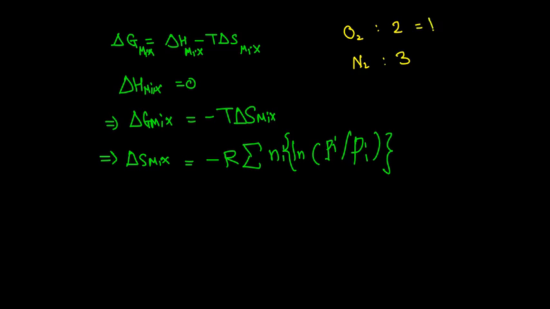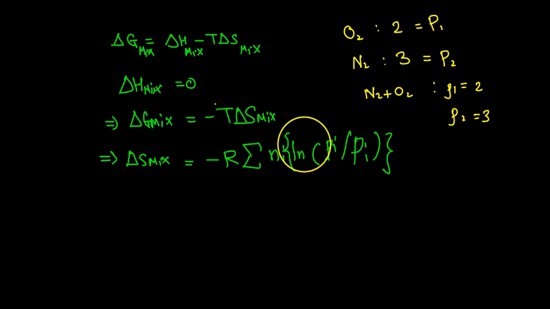So this is equal to capital P1, this is equal to capital P2, and after mixing you have an N2 plus O2 mixture, and the partial pressure of oxygen becomes 2 bar and the partial pressure of nitrogen becomes 3 bar. So when you substitute this in the expression for the Gibbs free energy, what you will get is delta G mixing is equal to delta S mixing, and this is equal to 0.